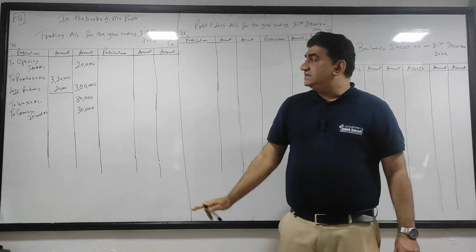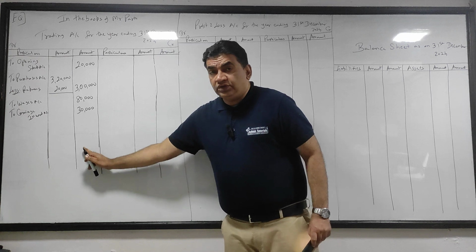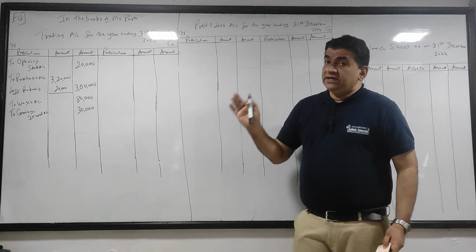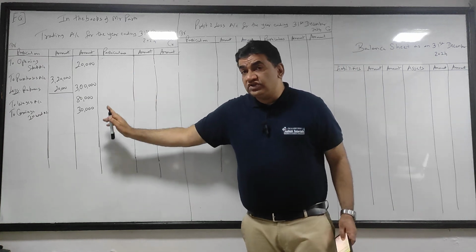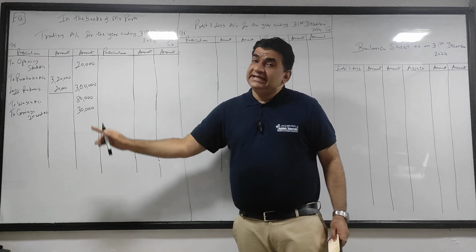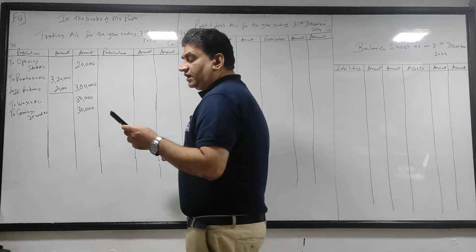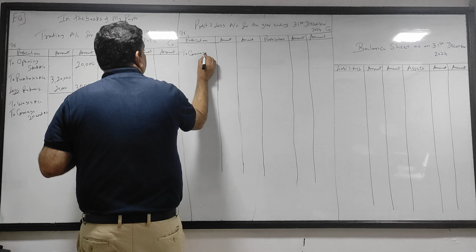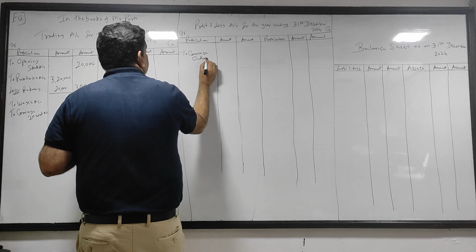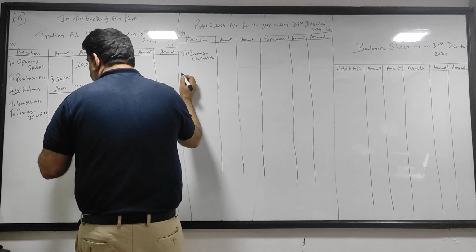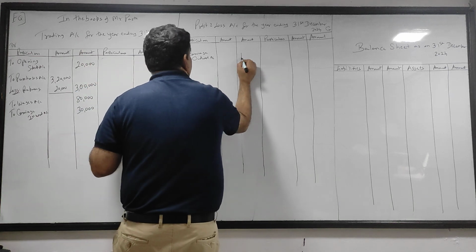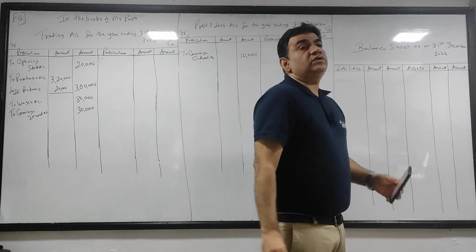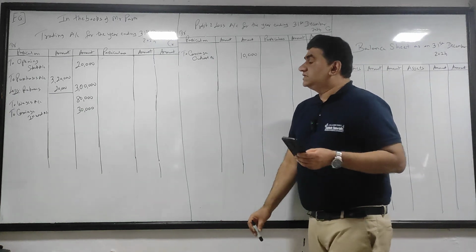All direct expenses debit to trading account, all indirect expenses debit to P&L. So carriage inward, because it was on purchase of goods, direct, debited to trading. Outward is indirect, therefore you will debit P&L. So to carriage outward account, that is 10,000.